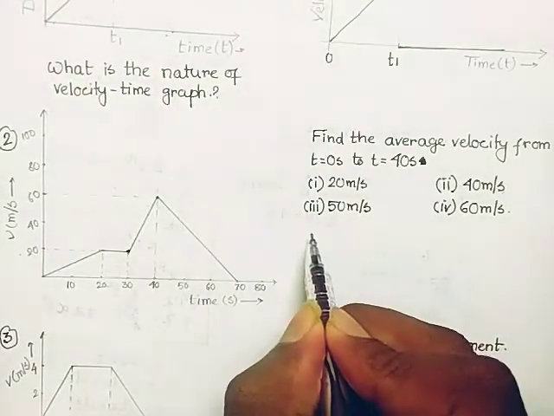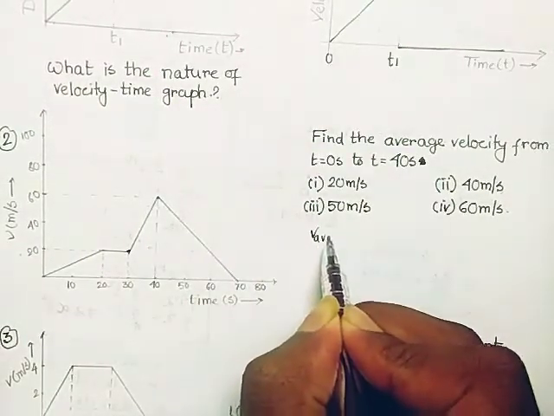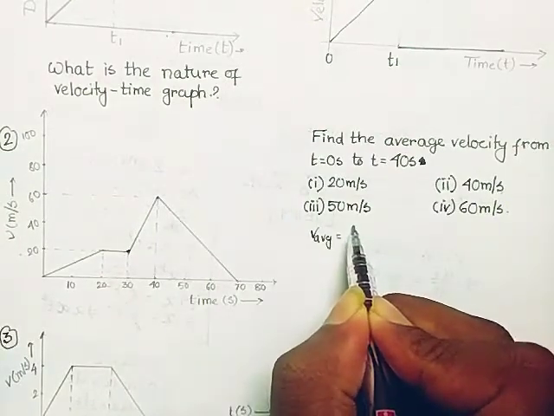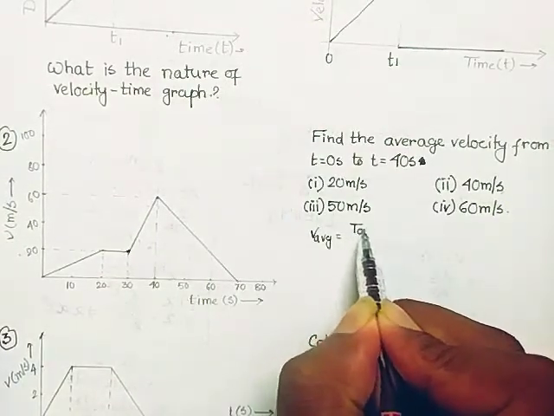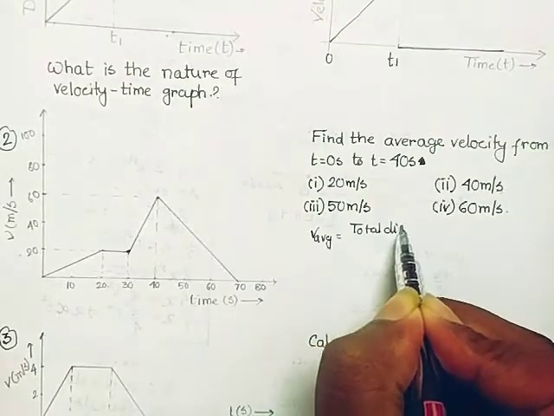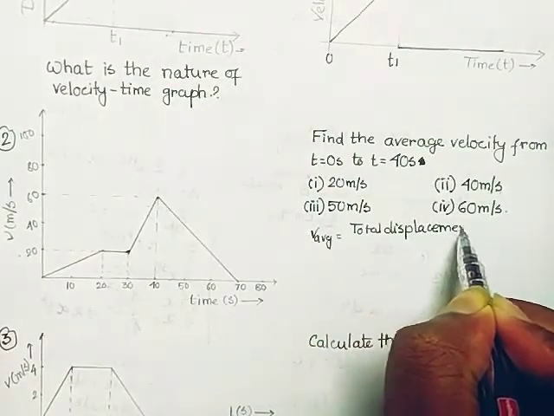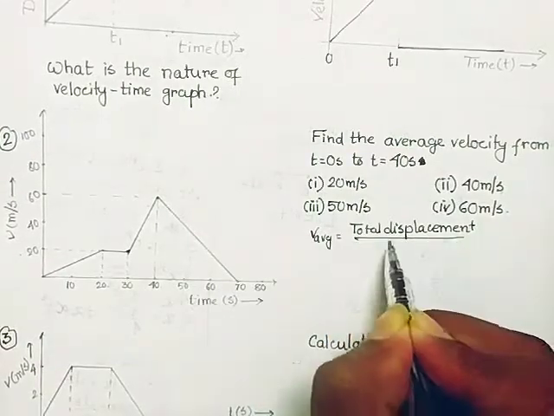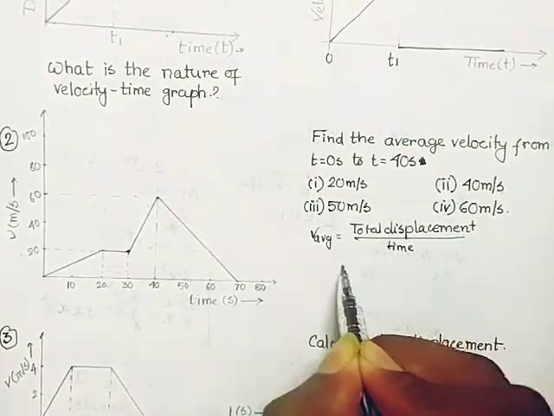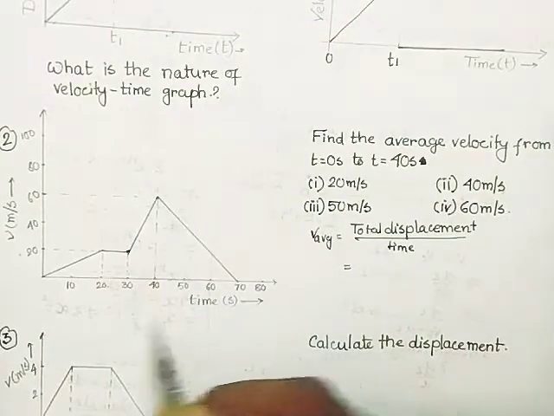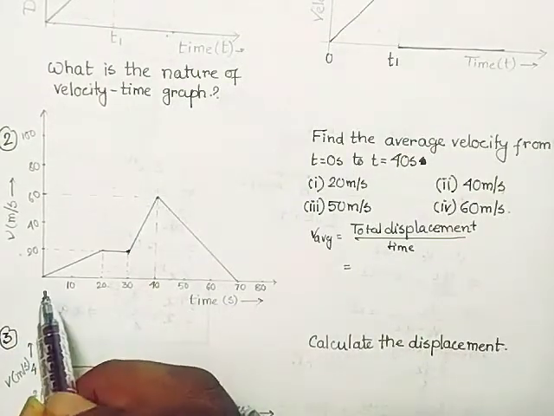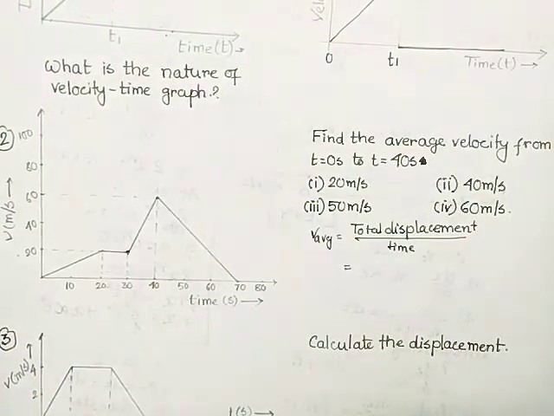So the average velocity, V average, equals the total displacement divided by time. So how can we calculate the displacement? From the velocity-time curve, if I calculate the area, then we can get the displacement.